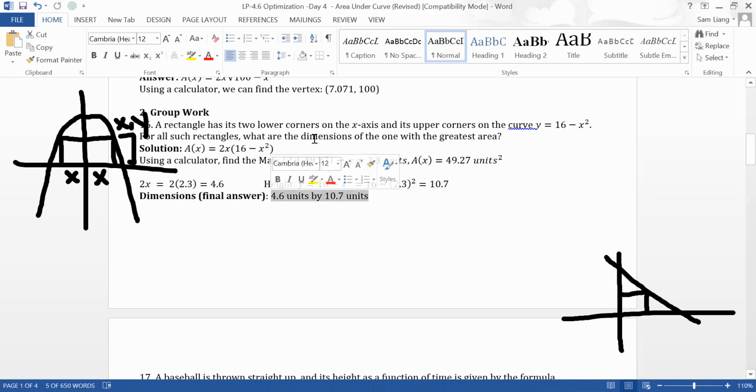Yeah, they don't give units here, so just write it as a generic unit. Okay. All right, I'll give you a sec to copy that, and then from there we'll move on to question 17.